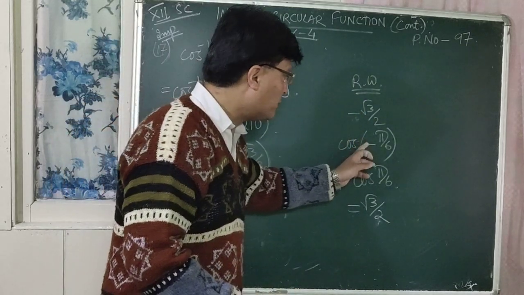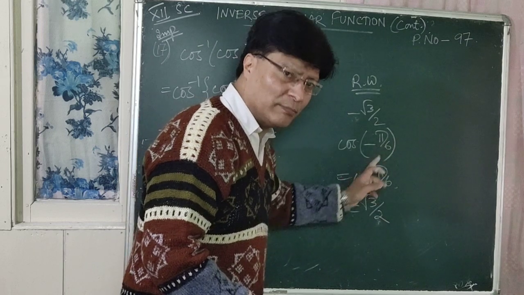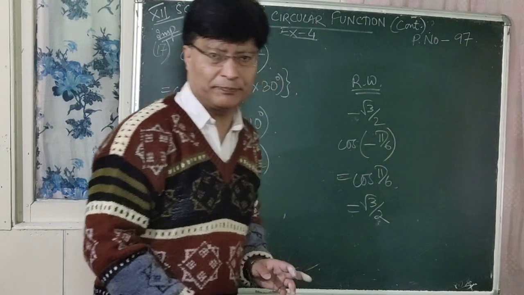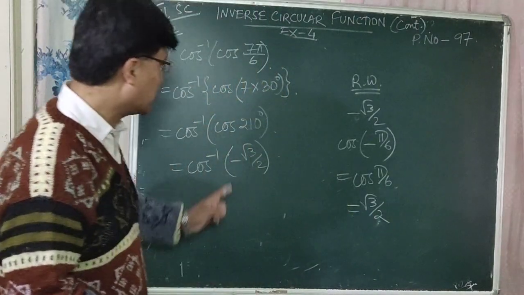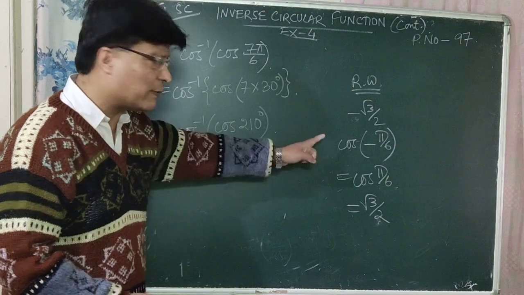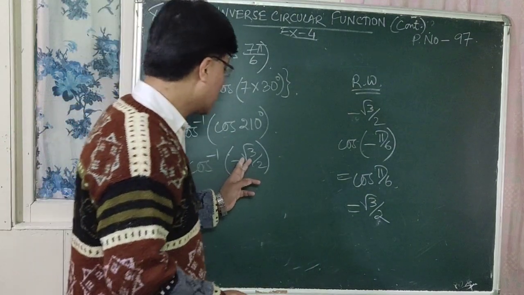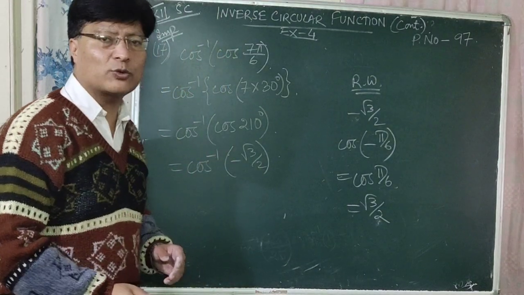But we have got a negative sign here. The cos of minus pi by 6 was cos pi by 6, positive. The cos pi by 6 was cos 30 degree. The cos 30 was root 3 by 2. But can you write here cos of minus pi by 6? No, don't write it. So that's why you should write the angle in which quadrant?